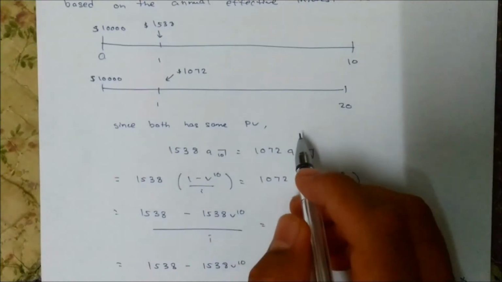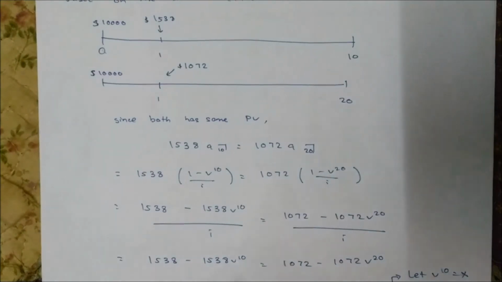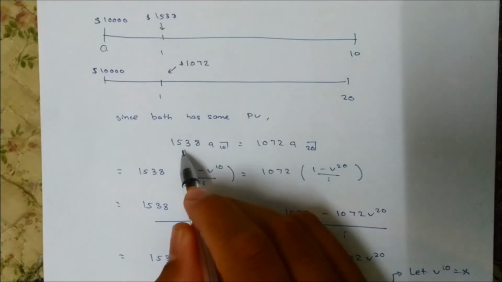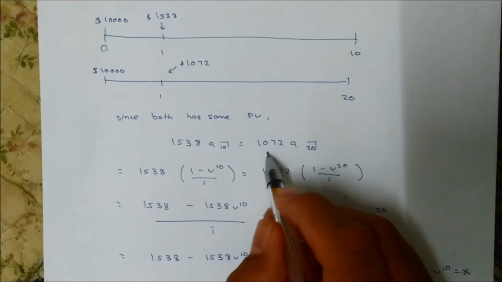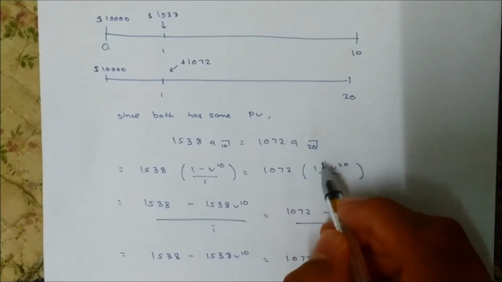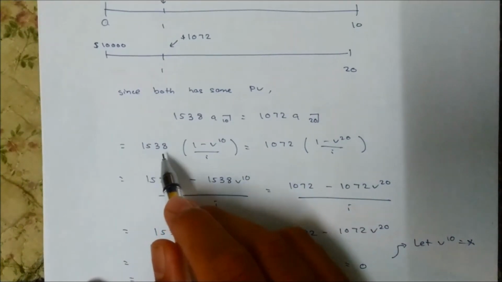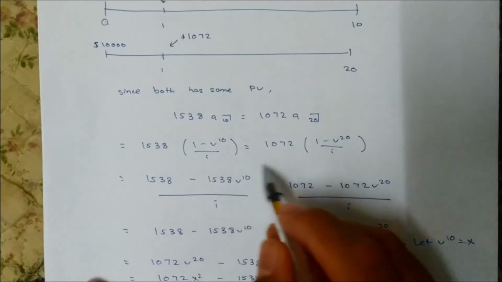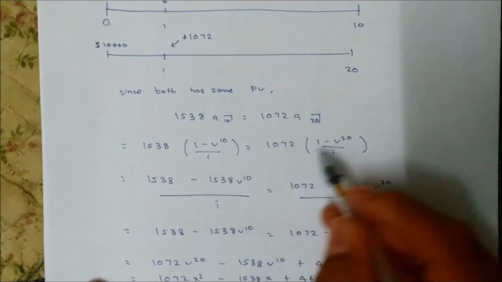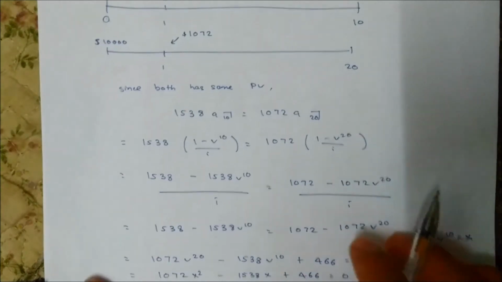Since both have the same present value, we can create an equation: 1538 times a angle 10 equals 1072 times a angle 20, which is also 1538 times (1 minus v to the power of 10) over i equals 1072 times (1 minus v to the power of 20) over i.